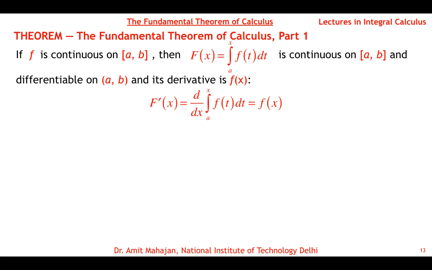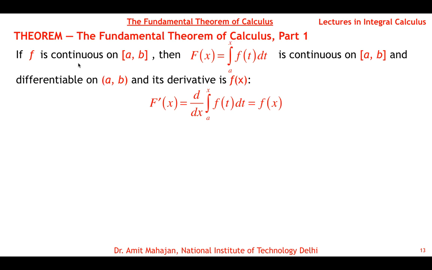It is very difficult to compute definite integrals by calculating the limits of Riemann sums. So part 1 and part 2 in combination allow us to compute definite integrals using antiderivatives.